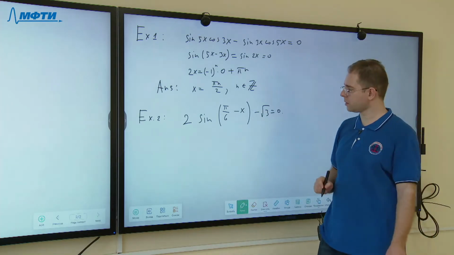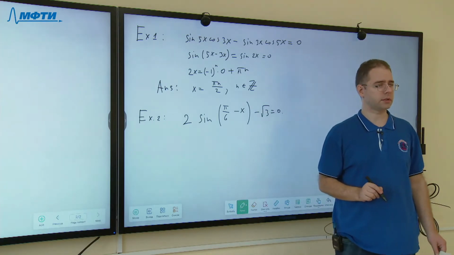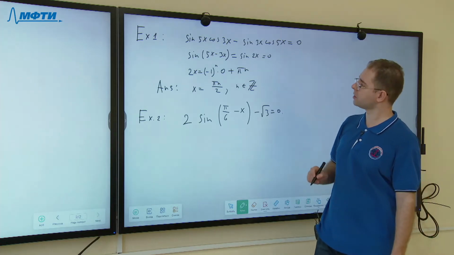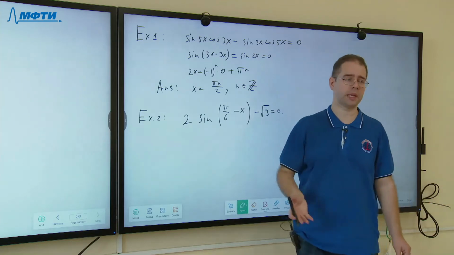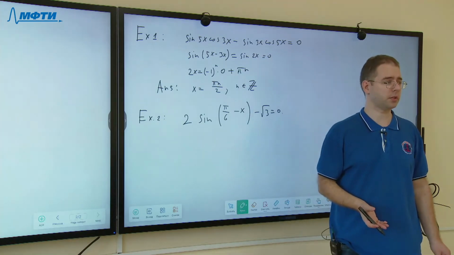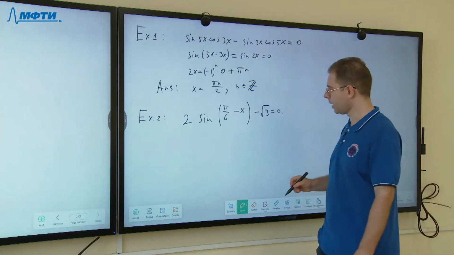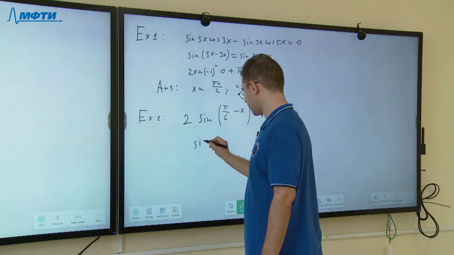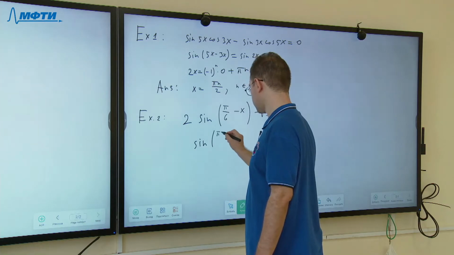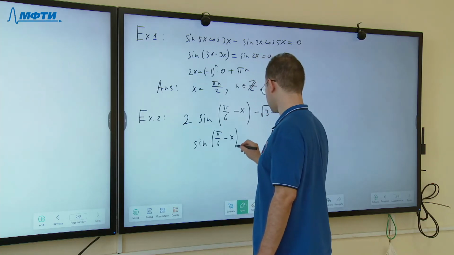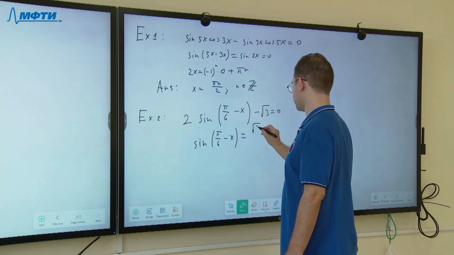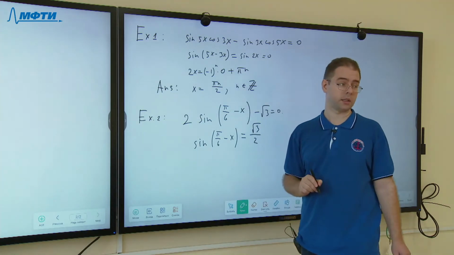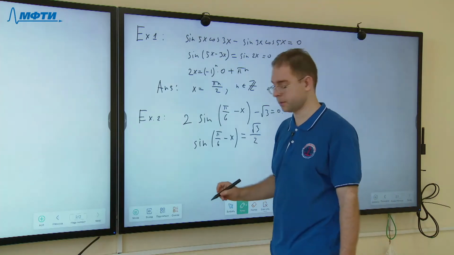Once again, we do some manipulations with this equation to reach some simple equation, like sine equals something. So from here we can express sine. We can write down that sine of pi by 6 minus x equals square root of 3 divided by 2. We can solve this equation.